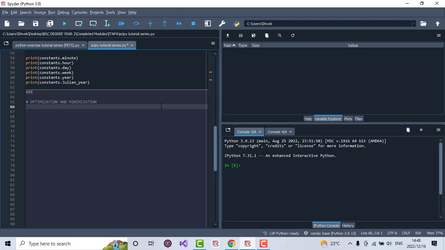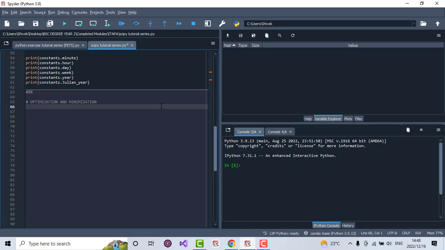Just to give you a few examples of when the word minimization is used: we can be talking about performing a linear regression, finding the minimum and maximum value of a function, the minima and maxima, determining the root of a function, or finding the intersection points of two or more distributions, and so on.